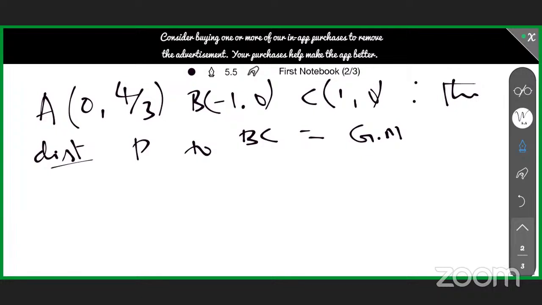Then the point P lies on a curve. Find the equation of that point P, or the locus of point P.